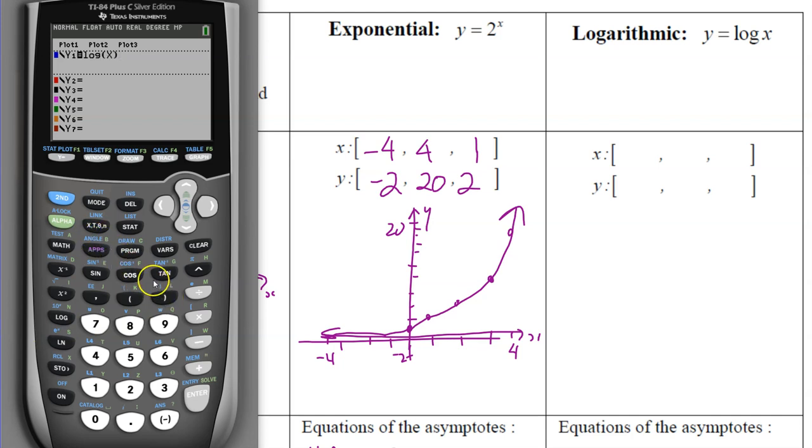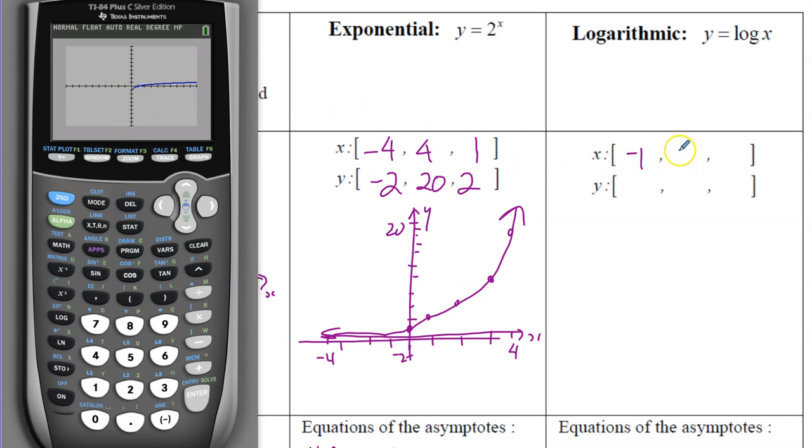Close that bracket. Let's go zoom standard. Don't know what this log thing is, but okay. Well, honestly, you don't know what this log thing is, so I'm going to have to help you fill in.